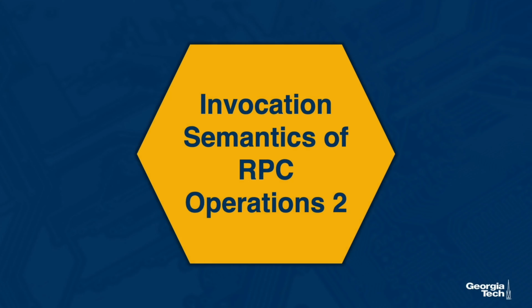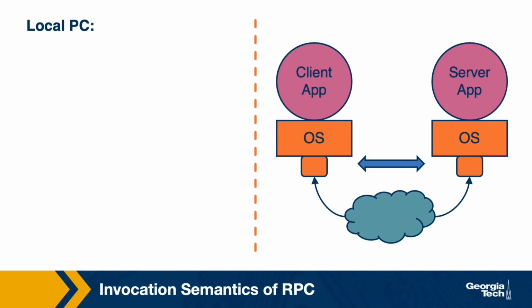Another dimension that can be used to distinguish among different types of RPC systems is based on the guarantees they make regarding the delivery of the RPC call. When we make a local procedure call, it will execute exactly one time and produce results which will be used by the calling thread or process.